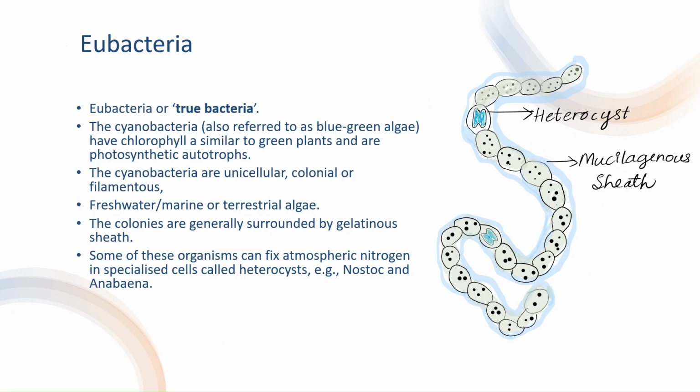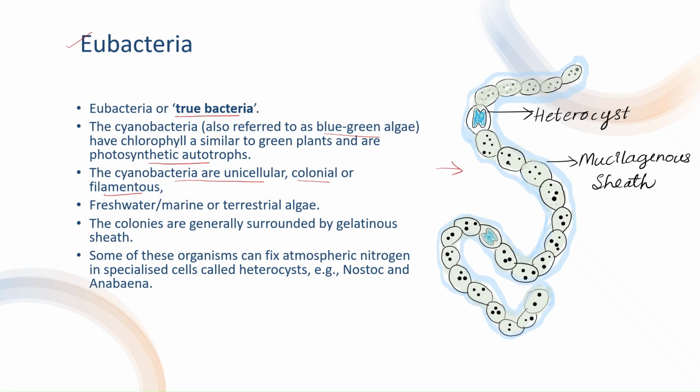The second one is eubacteria. Eubacteria are also called true bacteria. The cyanobacteria, also referred to as blue-green algae, have chlorophyll similar to green plants and are photosynthetic autotrophs. They prepare their own food using sunlight. The cyanobacteria are unicellular, colonial, or filamentous.